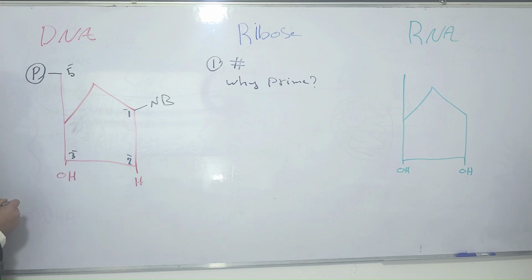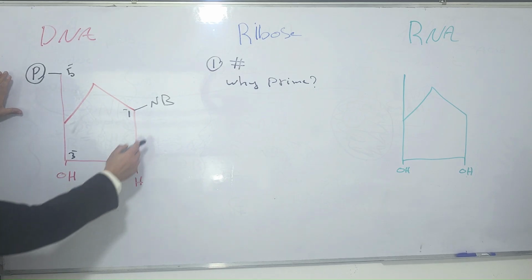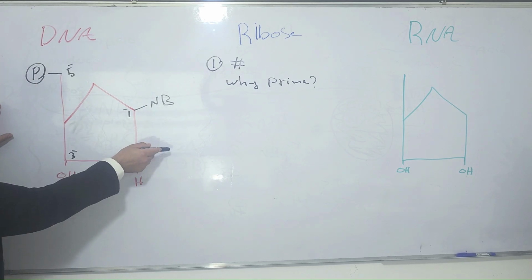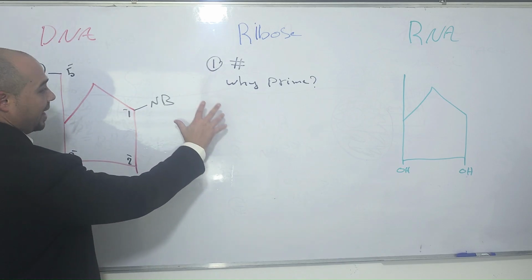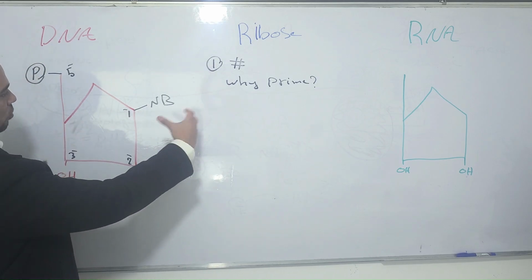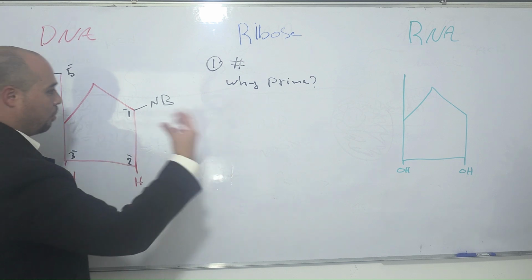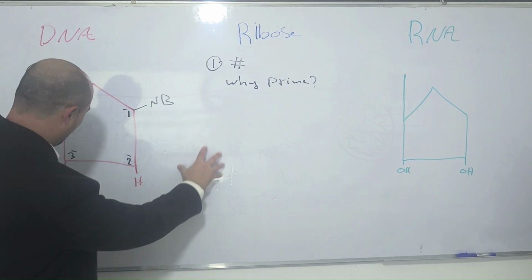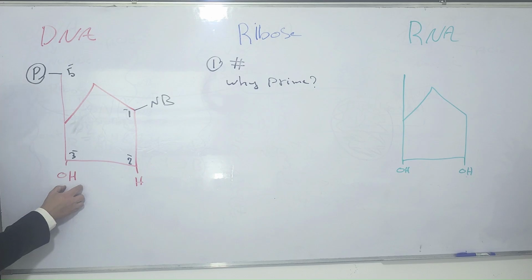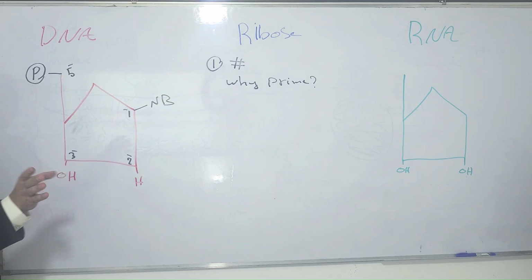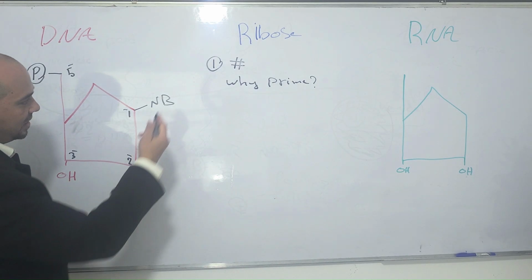What about 3 prime? Remember we said this structure right here is going to be a nucleotide. If there's another nucleotide and it wants to attach to make an oligonucleotide and then a polynucleotide, then a DNA, they're going to attach themselves on the 3 prime. And we're going to talk about that, don't worry. So this is the numbering system.